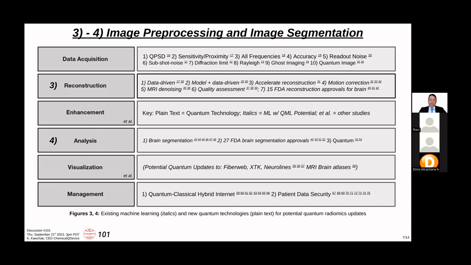The same thing for brain segmentation: there are 27 FDA brain segmentation approvals. So that's the part of the radiomics workflow, this top row that I showed previously, that's pretty well worked out, right? It's just taking it to the next level of these huge data sets and more compute power. It's basically dimension reduction through feature selection and feature extraction.